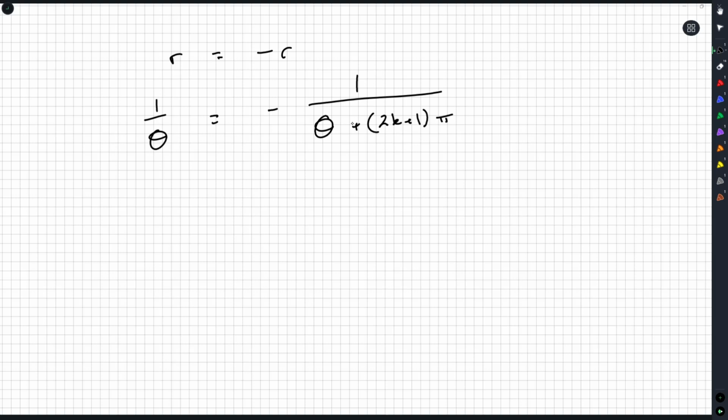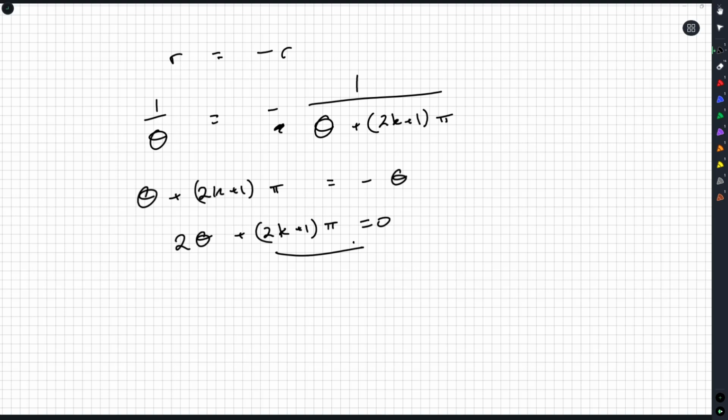Okay. So now, just as before, we can cross-multiply, so theta plus (2k plus 1) pi equals minus, don't forget that minus, theta. We can add the two thetas there, divide by 2, and bring this over to the other side as well.